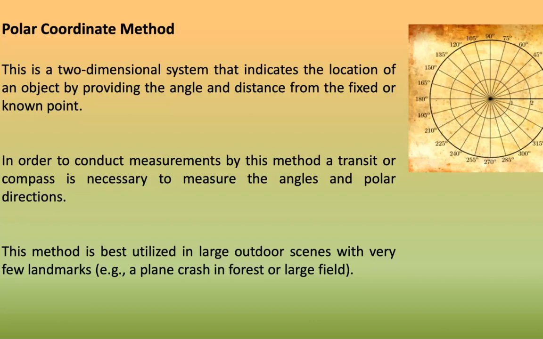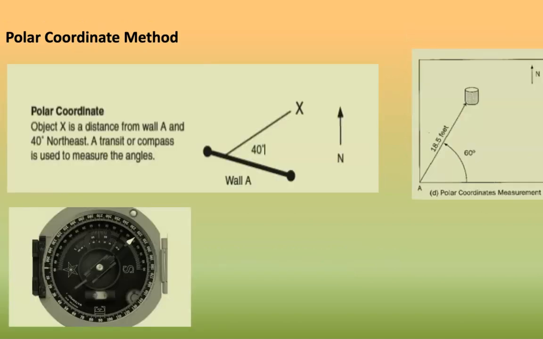So you can use those magnetic compasses, along with the direction. It is one of the easiest methods for evidence. And if the crime scene is very large and you do not have proper measuring tapes or measuring devices, then you can use this method. For example, if the crime scene is a plane crash or in a field area, okay, it means a very large outdoor crime scene. Let's see this example.